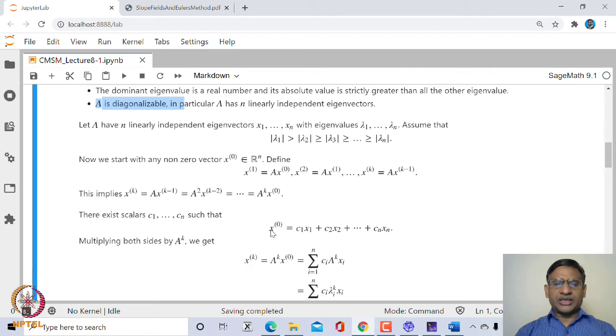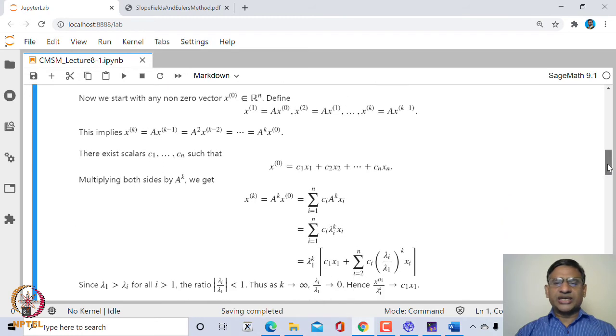So A to the power k x0 is nothing but xk, and on the right hand side it will be the summation of ci A to the power k vi. Since the vi's are eigenvectors, A to the power k vi will be nothing but lambda i to the power k vi, and then you take lambda 1 to the power k outside the bracket. What you will be left with is c1 v1 plus the summation of ci into (lambda i by lambda 1) to the power k vi.